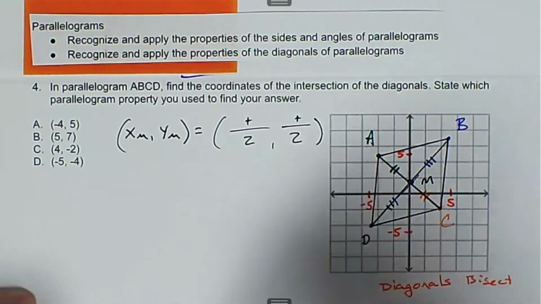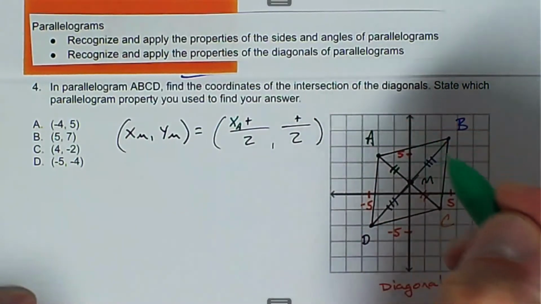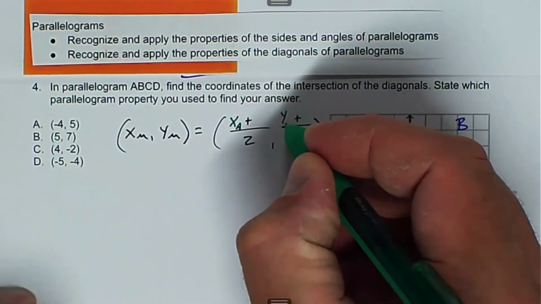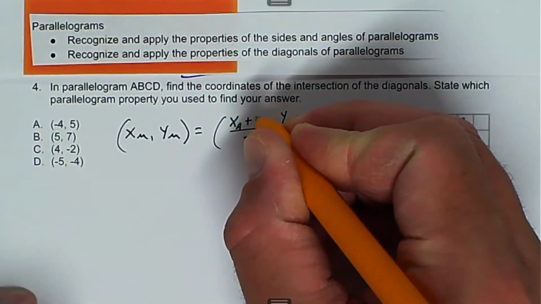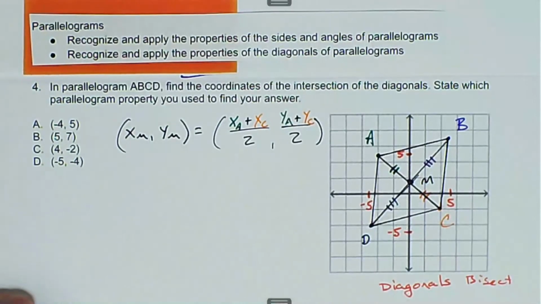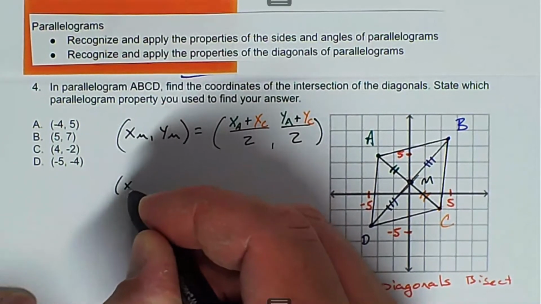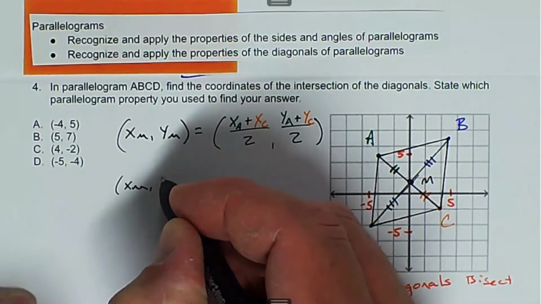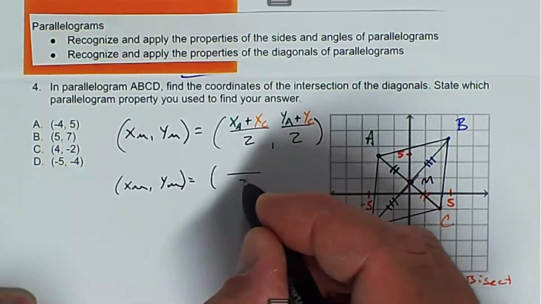So we have x sub A, and over here we have y sub A. Over here we have x sub C, and here we have y sub C. And then we just have to substitute our values in. So xm, ym, that's the coordinate, is equal to the things that never change.